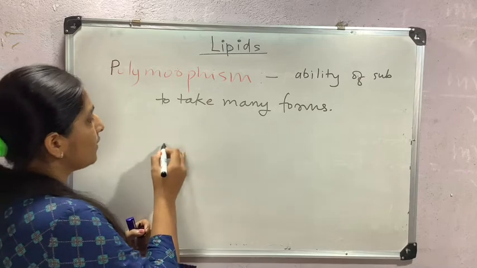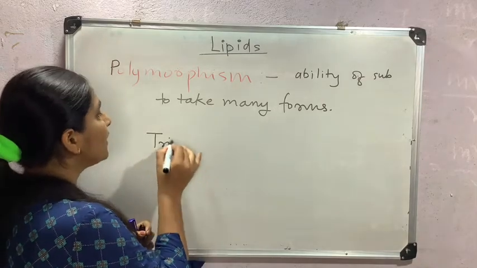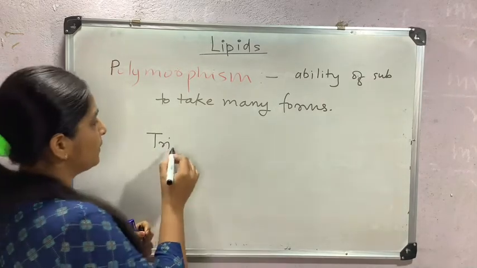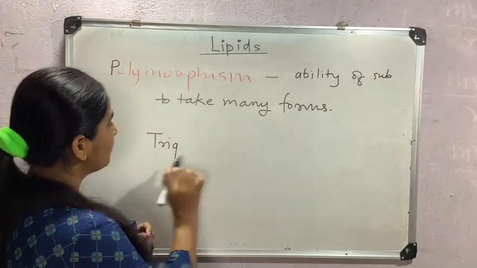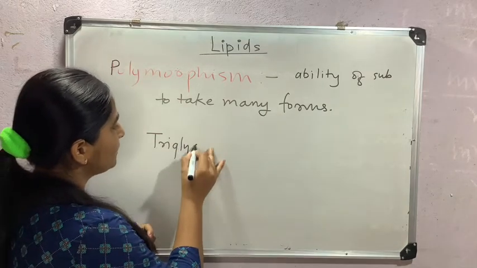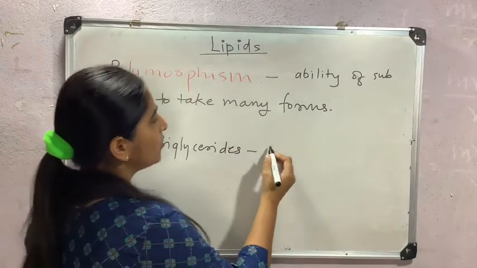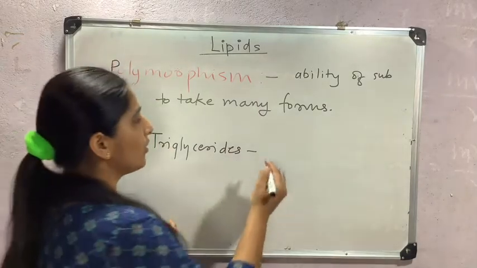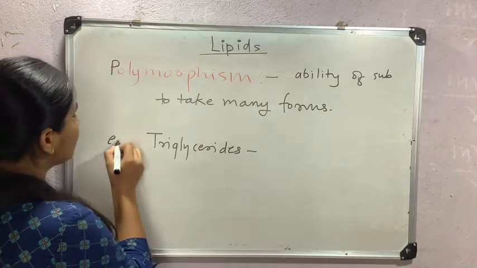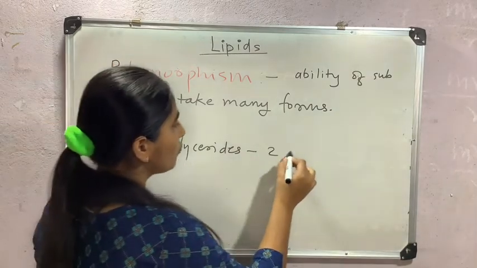Different triglycerides have different polymorphic forms. Suppose a triglyceride has two or more polymorphic forms.